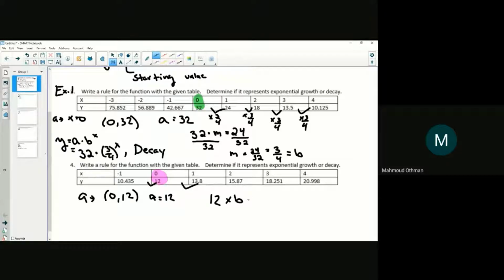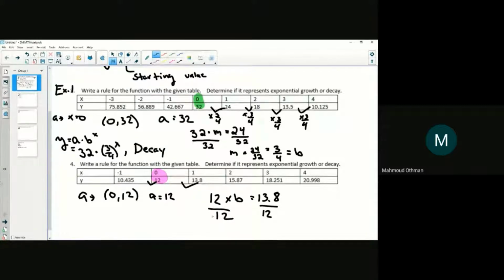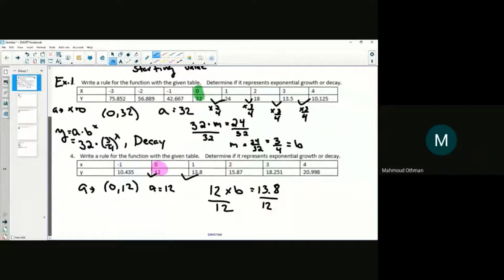I think b is actually a better variable, equals 13.8. Now, what I'm going to do is I'm going to solve for b. I'm going to divide both sides by 12. And if I do that, I actually get b equals 1.15.